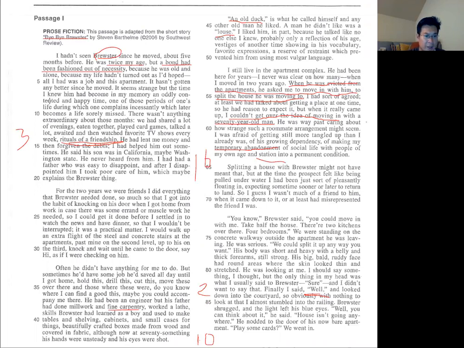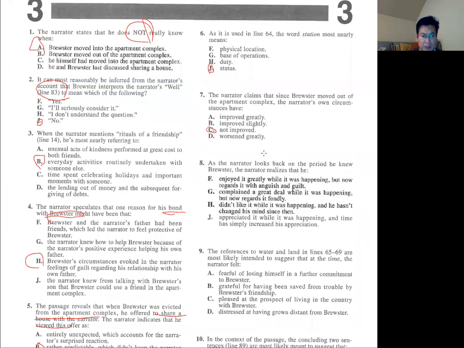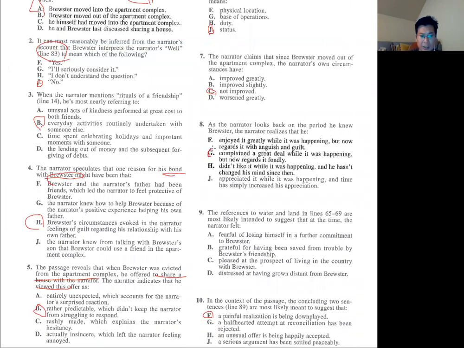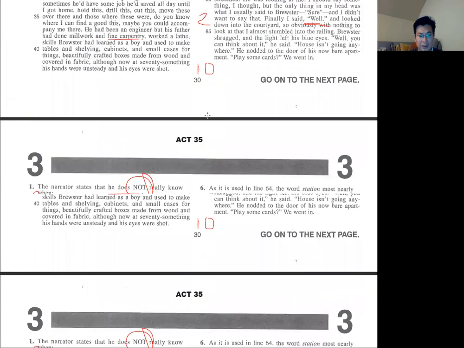"The time I knew him had become, in my memory, an oddly contented and happy time, one of those periods of one's life during which one complains incessantly, which later becomes a life sorely missed." So on and on, if you read through and compare to the answer choices, it is G, complained a great deal while it was happening, but now regarded fondly. Yes, because it said complaining incessantly, line 9, right? But then a happy time. So 8 and 9, you can see.